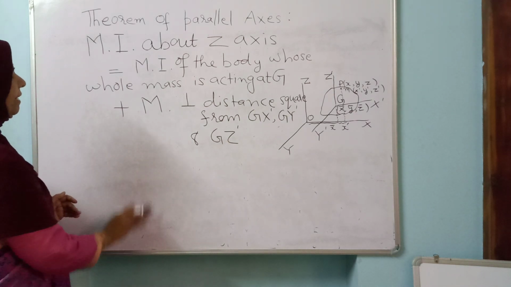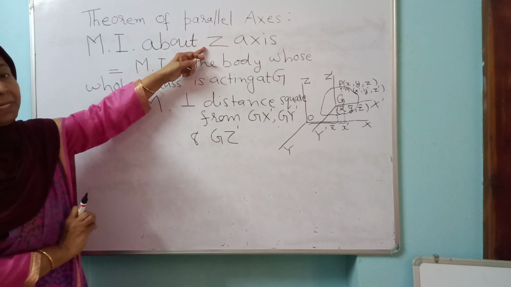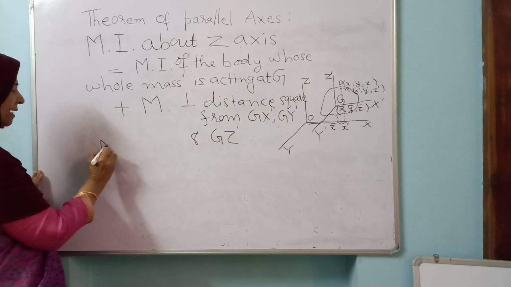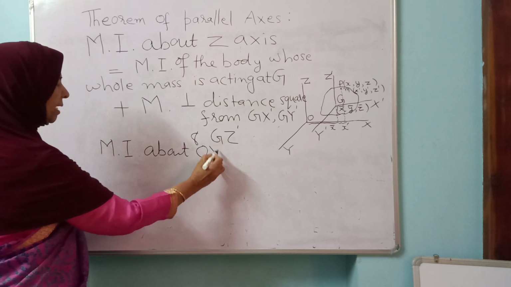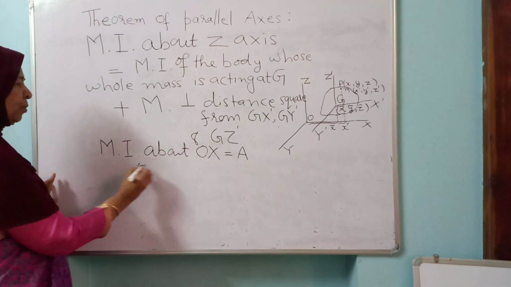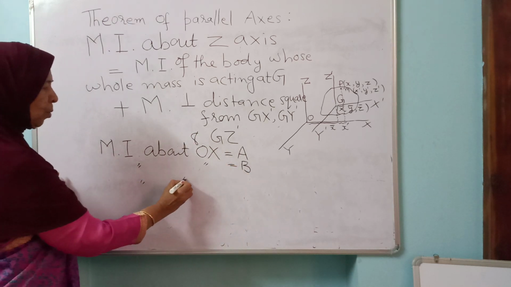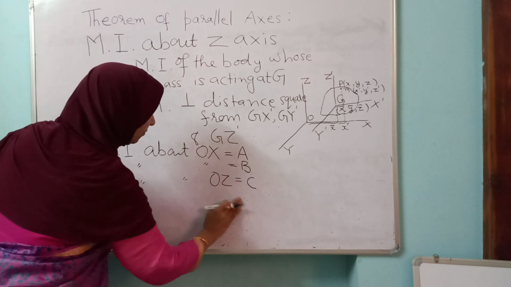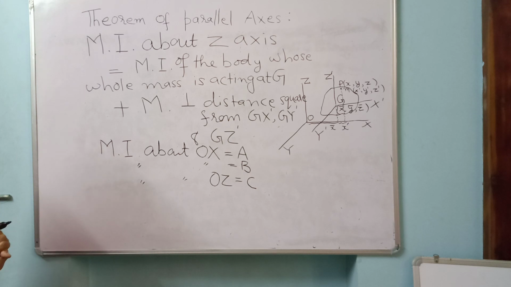If you can recall, the moment of inertia about OX is written as capital A, about OY as capital B, about OZ as capital C. After that, I have introduced three more terms for the product of inertia.